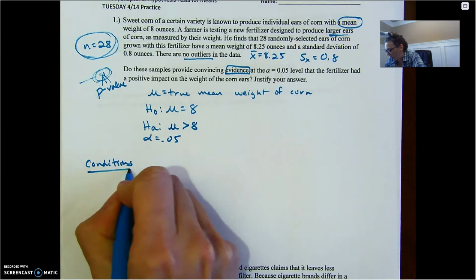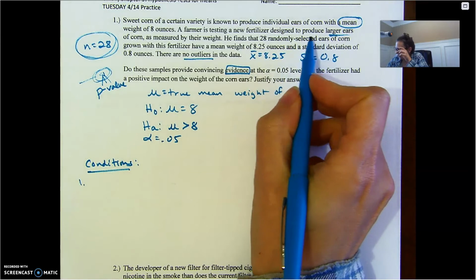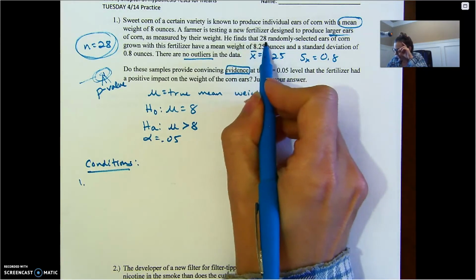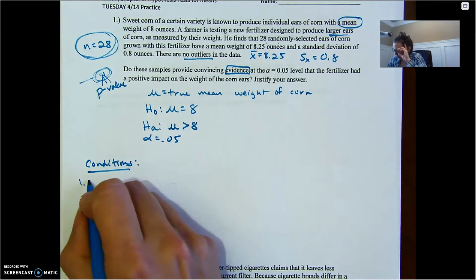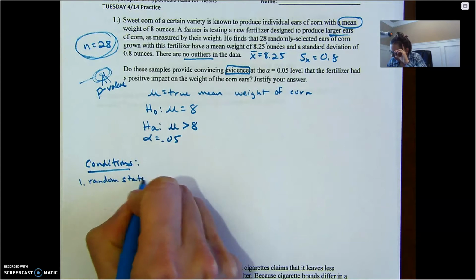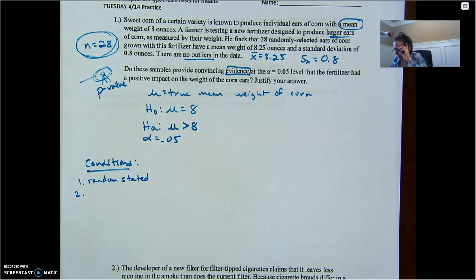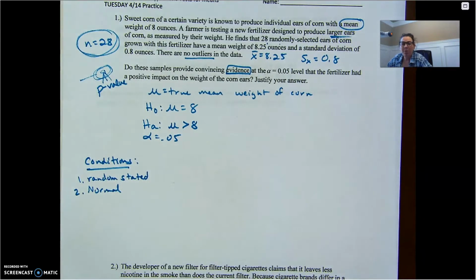Conditions. Number 1. Random. It says that he finds a 28 randomly selected. There you go. So it is random. Random stated. All right. The next thing is that normal check. The problem does not say, "Hi, I'm normal." Okay, so that doesn't work.